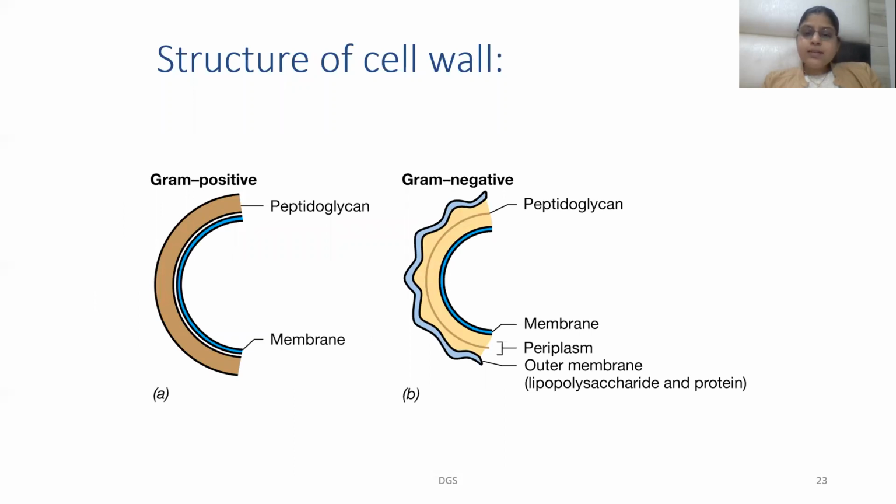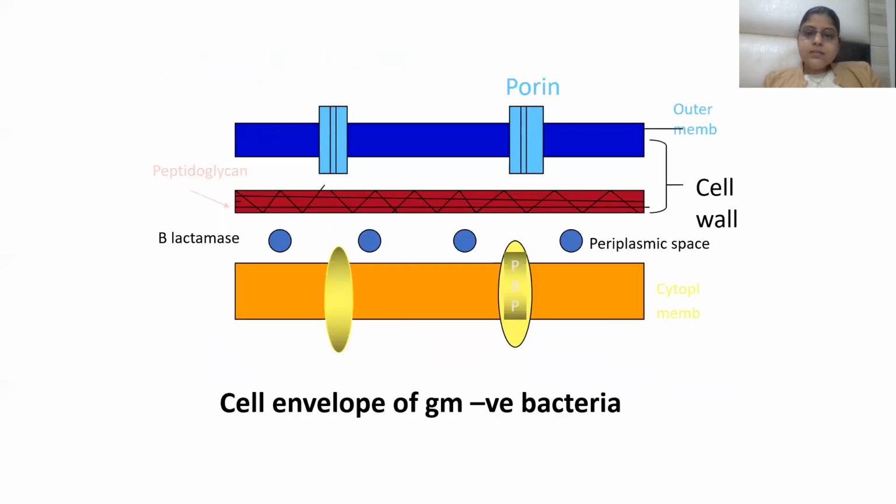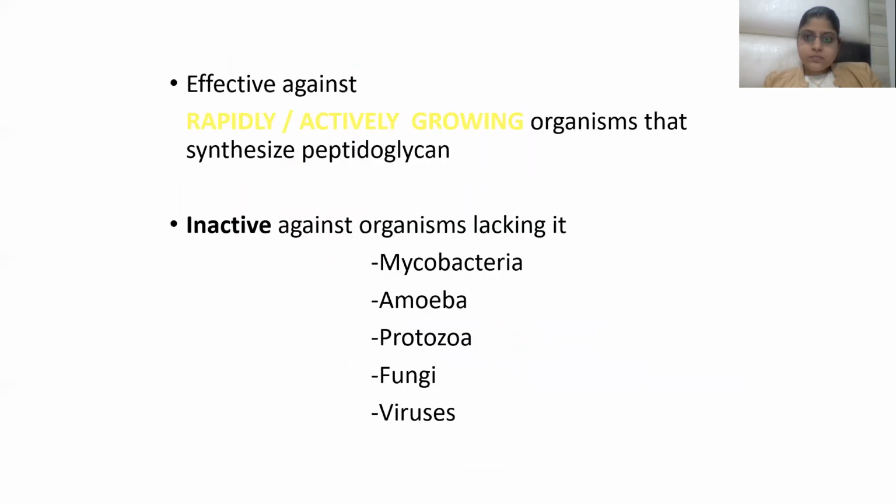This is the difference between gram-positive and gram-negative bacterial cell walls. There is a lipopolysaccharide and protein layer in the gram-negative, while the peptidoglycan and cell membrane are the same. This is the cell wall of the gram-negative bacteria: periplasmic space, cytoplasmic membrane, cell wall, and porin present in the outer cell wall in the lipopolysaccharide layer.